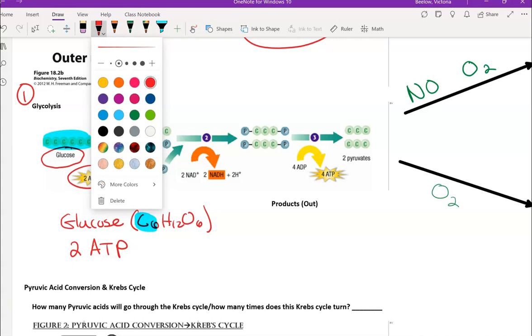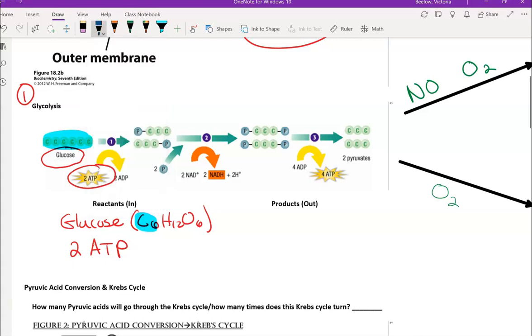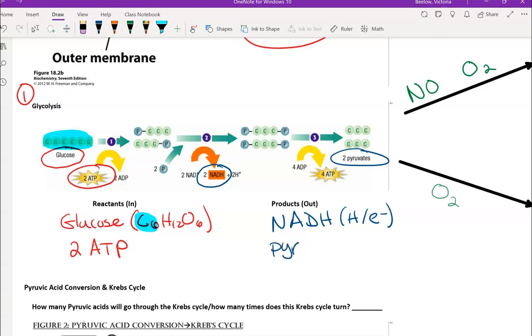And then the things that we're going to get out of this are 3 things. You can see coming out of that we have NADH, which is our hydrogen or electron carrier. H stands for hydrogen. Our 2 pyruvates, which are going to be used in the next step.